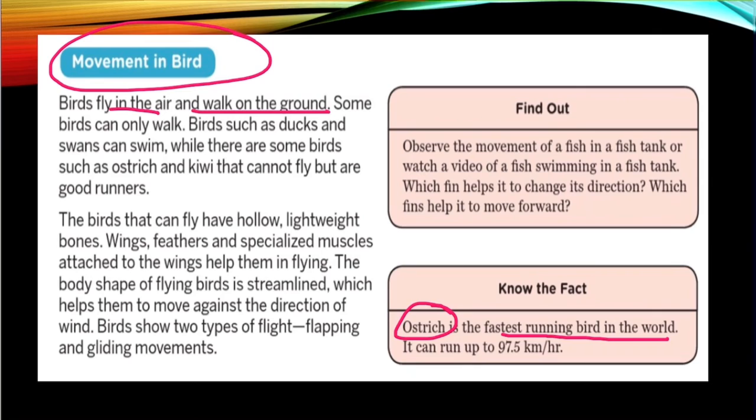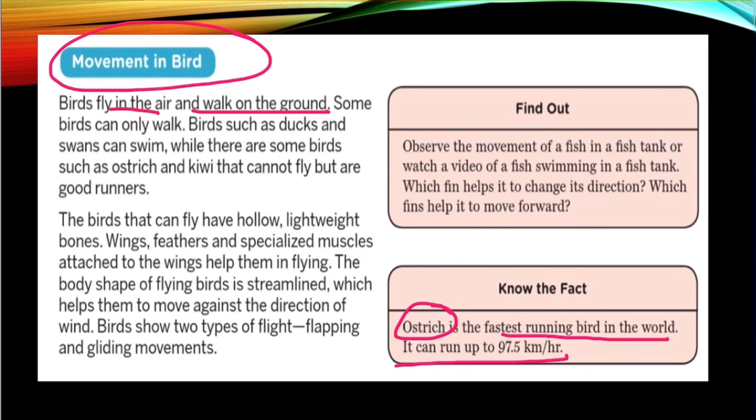It can run up to 97.5 km/h. Now, what is the main difference between other birds and the ostrich? Ostrich is also a bird. Even kiwi is a bird, but it cannot fly. But they are good runners. But being a bird, why can they not fly?